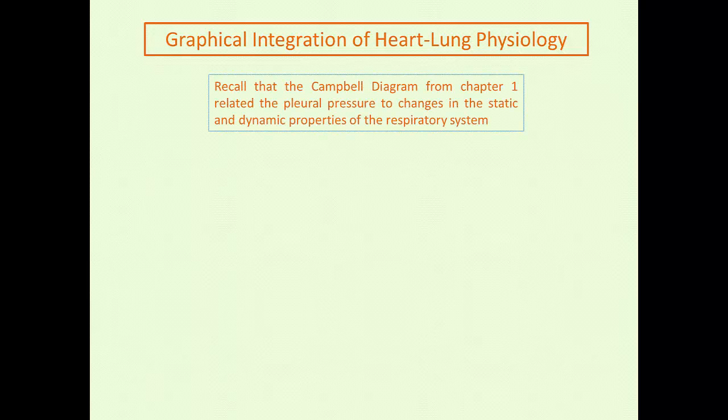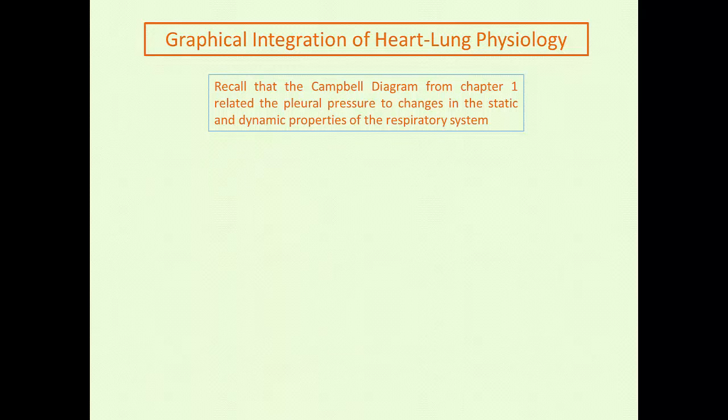Okay, so this is gangbusters. I wanted to represent heart-lung interaction. And as we saw in that previous slide, the cardiac function curve and really the venous return curve also shifts in response to changes in intrathoracic pressure.